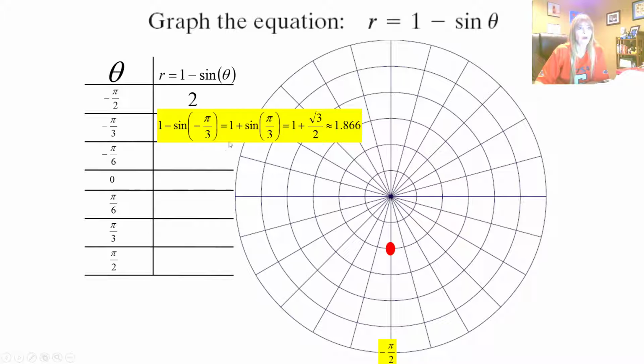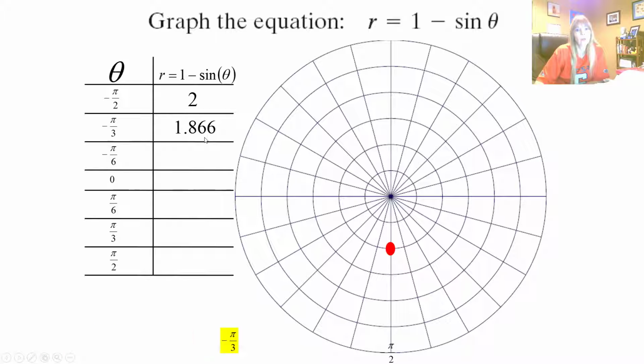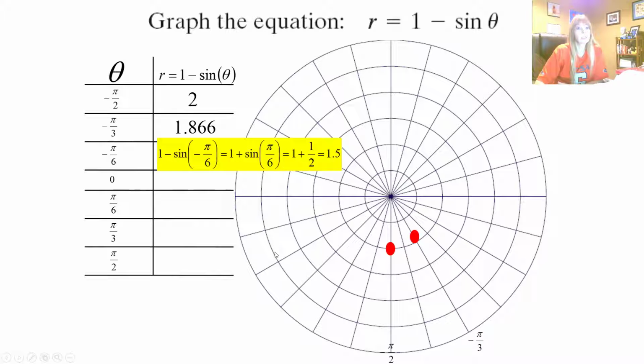Continuing right along, I get sine of pi over 3, square root of 3 over 2. I just put this in my calculator so I'd have an idea where this value would go. So once again, negative pi over 3, and then not quite to 2, I put a point. Just continuing along, I'll bring each one of these up.